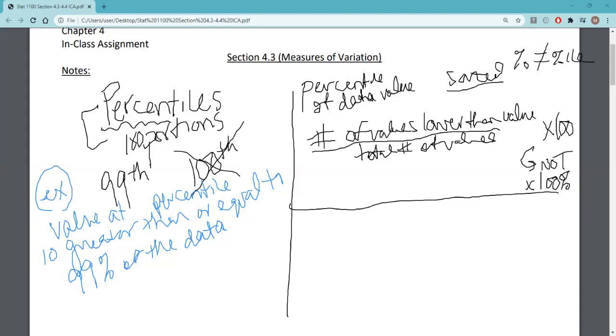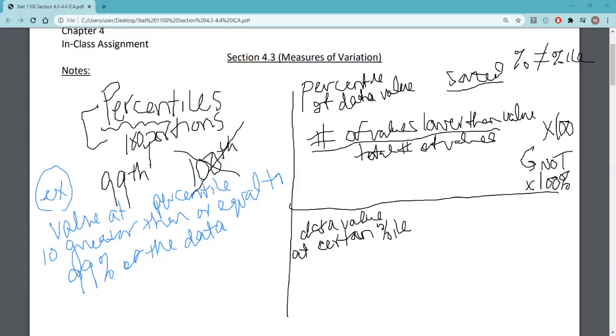We could also be asked to find the data value at a certain percentile. Notice it's percent, and then I have ILE to be percentile. So what we're looking for here is, let's say that we have a given data set and we want to find what value represents the 35th percentile, or what value represents the 70th percentile.